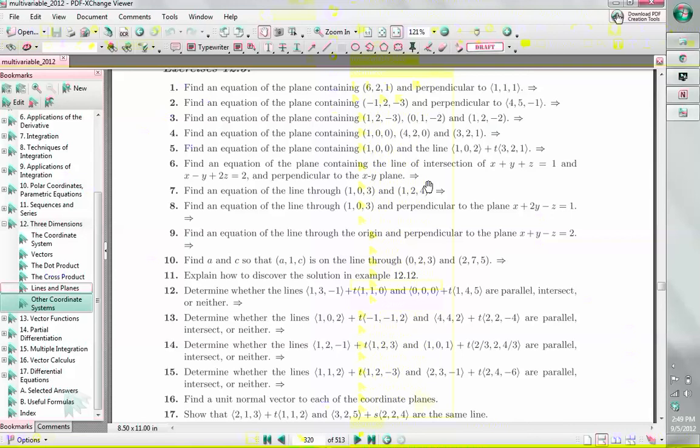If I'm perpendicular to the xy plane, I'm parallel to... actually, no, right? Here's the xy plane, and I'm perpendicular to it. So I'm one of these guys, right? I'd be parallel to the z-axis.